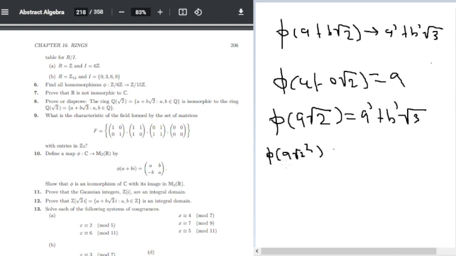One direction is that this is equal to phi of 2a squared, which is equal to, because you can factor out that group multiplication, 2 phi of a squared, which is equal to 2a prime.